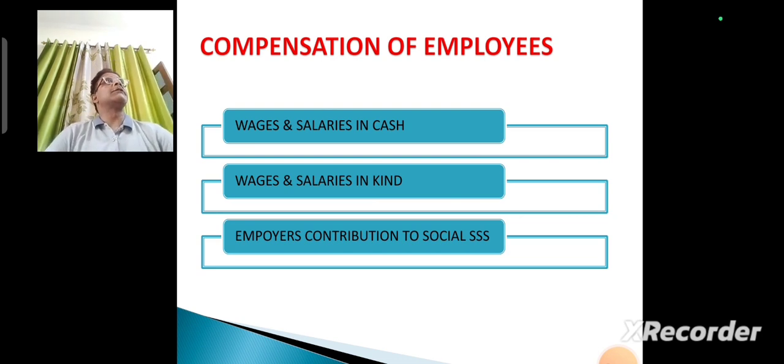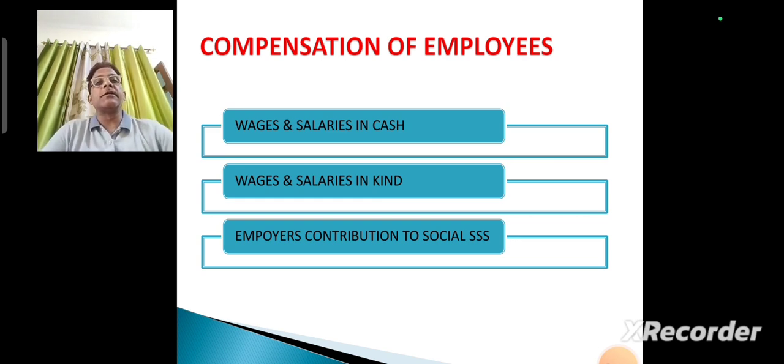Sometimes the medical expenses are also borne by the employer, so all the expenses on health issues paid by the employer for the employee also have to be counted. If there are payments made for the education of the children, that also has to be counted. So all that comes under the category of wages in kind.